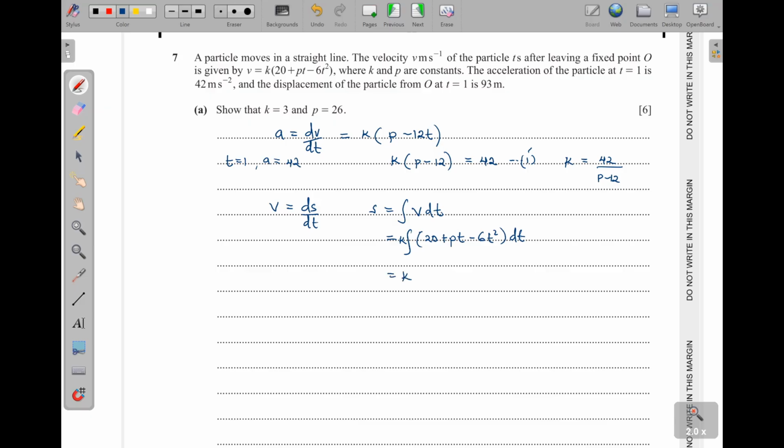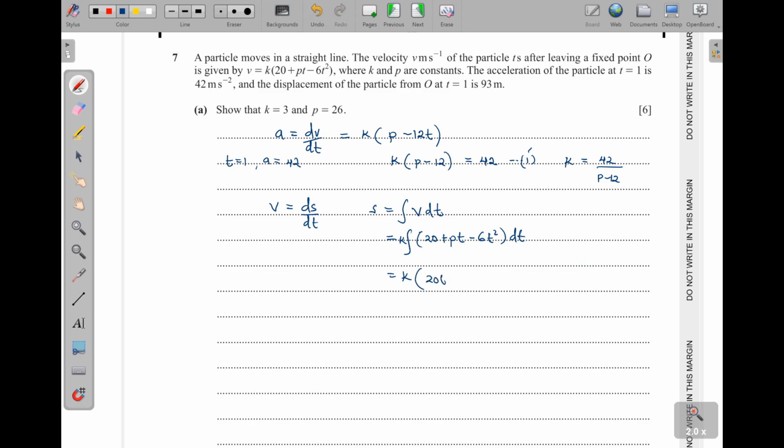So k is here. And then when we integrate this, remember there is a silent t here, power 0. So when you increase the power by 1 and then divide by the new power, you will get 20t. Basics of integration.